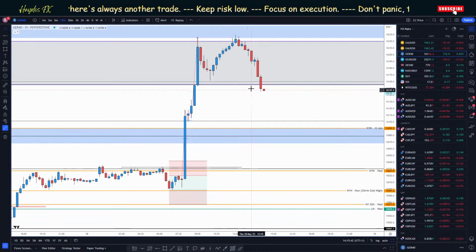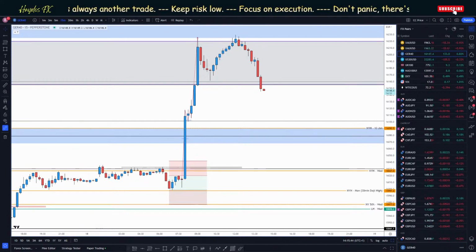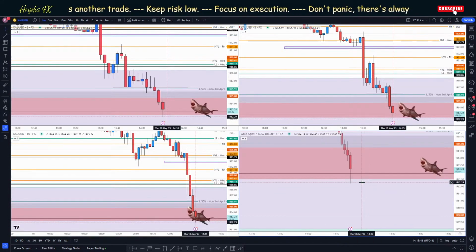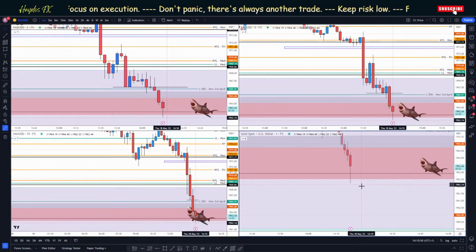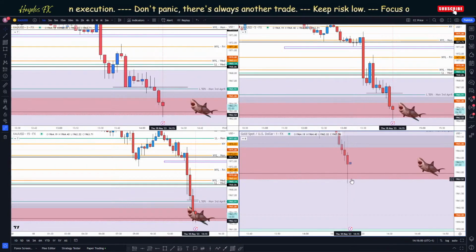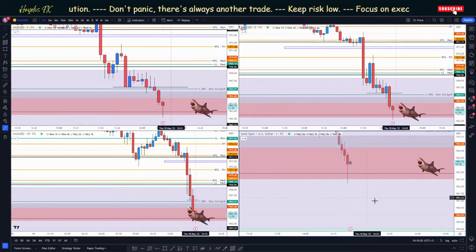German 40 starting to drop. Okay. The bottom of this red is very sensitive area.